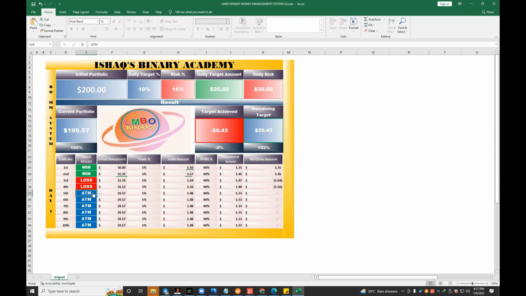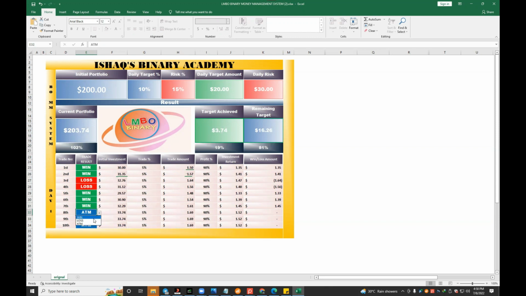For example, if you start to win again, when you win this trade of 1.48, that will be added in your account, and again your next trade will increase from the previous amount. So if you start winning again and again, you can see your betting amount will be increased.